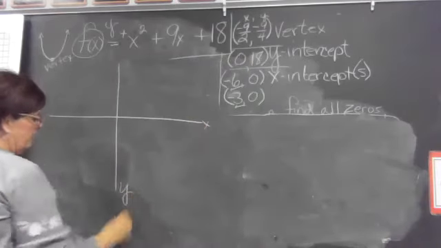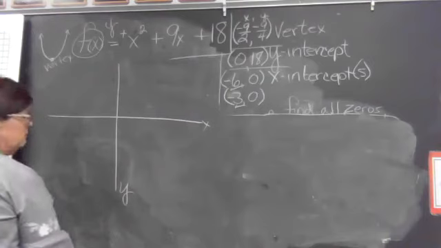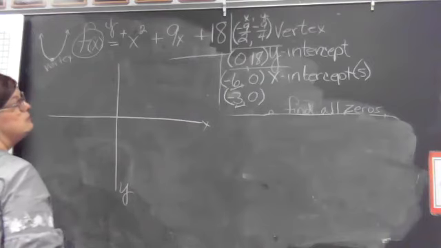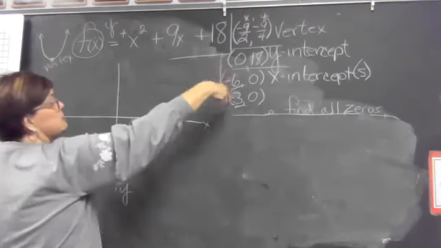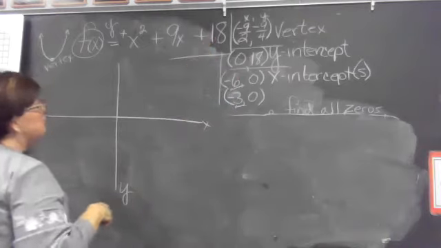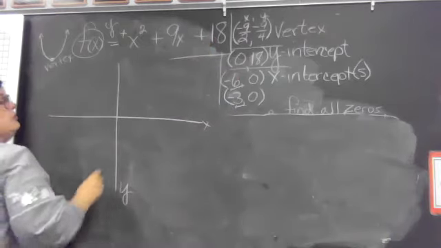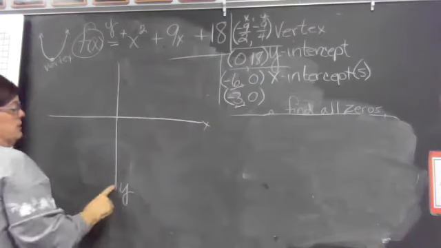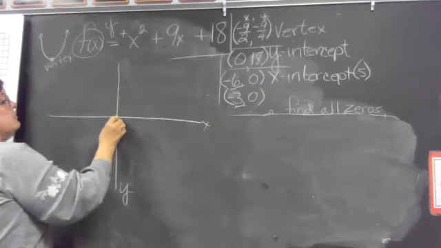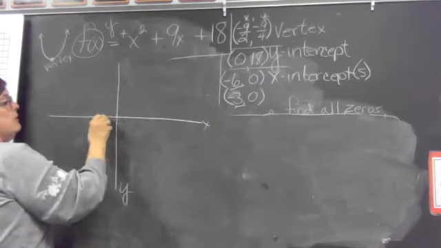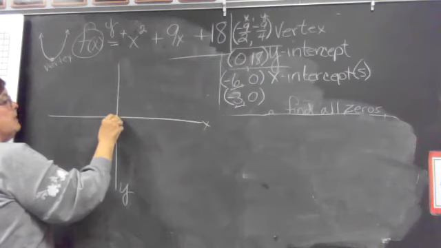X, Y. Okay, let's do the easy ones first. Let's do all the intercepts because the vertex is going to be fractions. So the y-intercept is going to be on the y. So you start at 0 and you don't go any left or right and you go up 18.